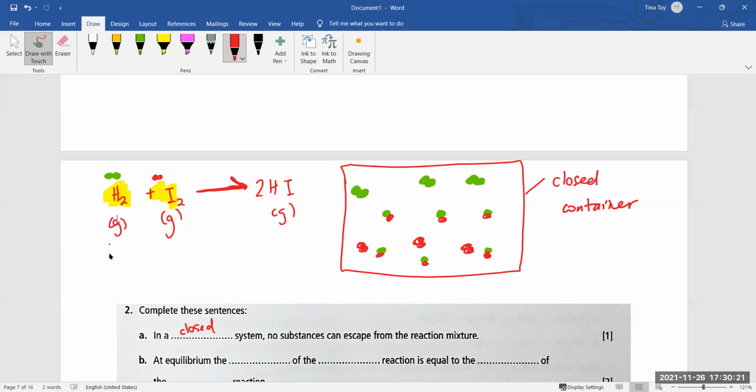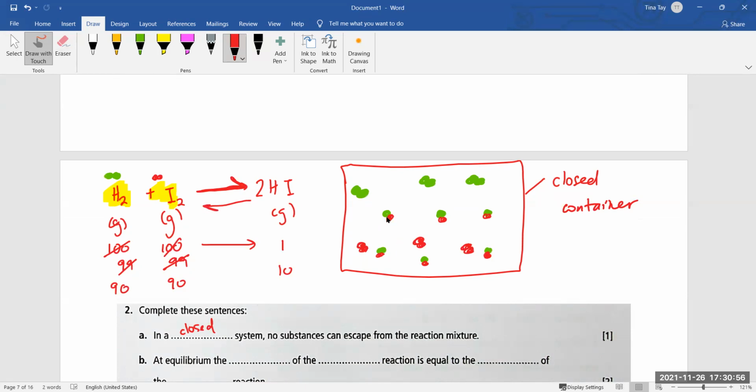So I start out with 100 of this and 100 of this. After a couple of minutes, this one becomes 99 and 99 and forms one of this. After another couple of minutes, this one becomes 90, 90, and then forms 10 of this. After another couple of minutes, it forms even more of this. Now, up to a certain point, this hydrogen iodide says, hey, I want to change back to become hydrogen and iodine.